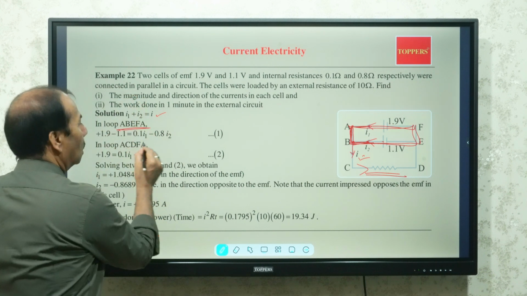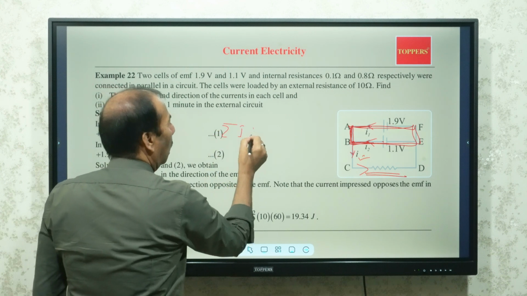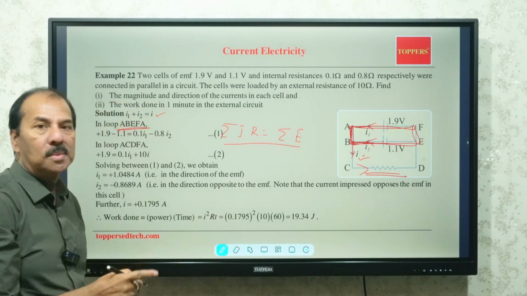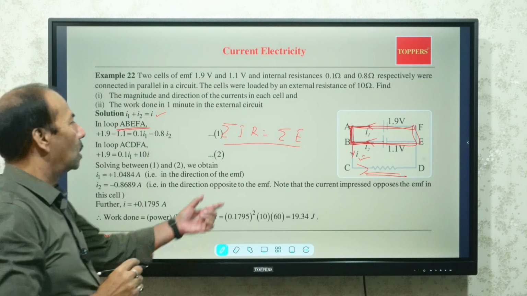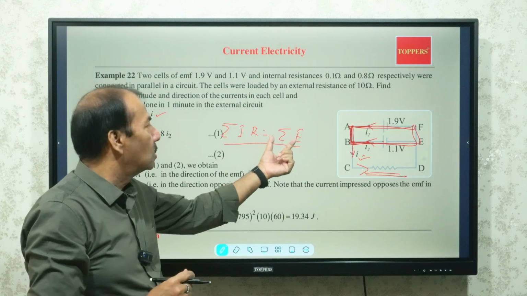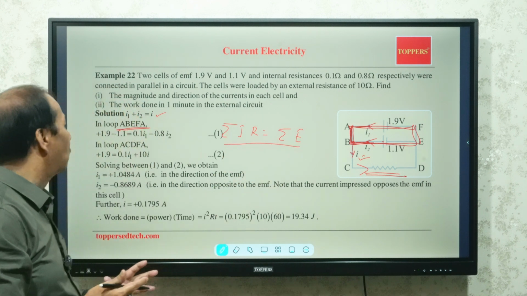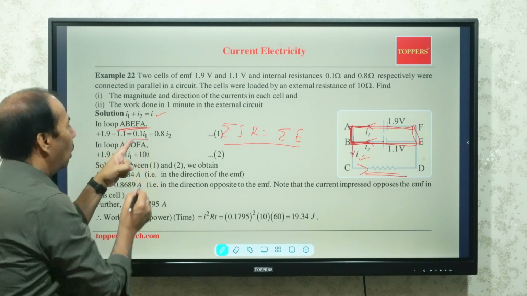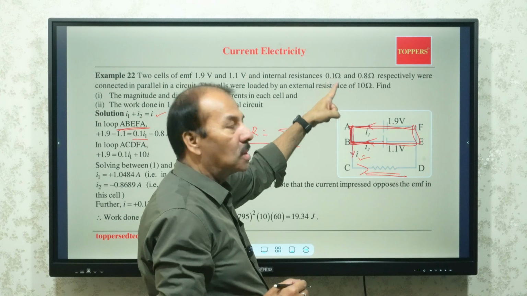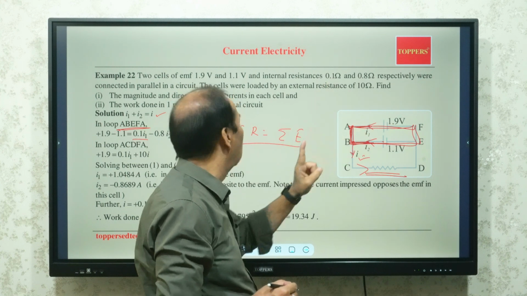First, summation of IR is equal to summation of EMF. We will use this relation as far as Kirchhoff's rule is concerned: the sum of all potential differences across all resistances is equal to the sum of all EMFs. So I1 R1, so 0.1 into I1. This is the internal resistance of this cell, so 0.1 into I1.